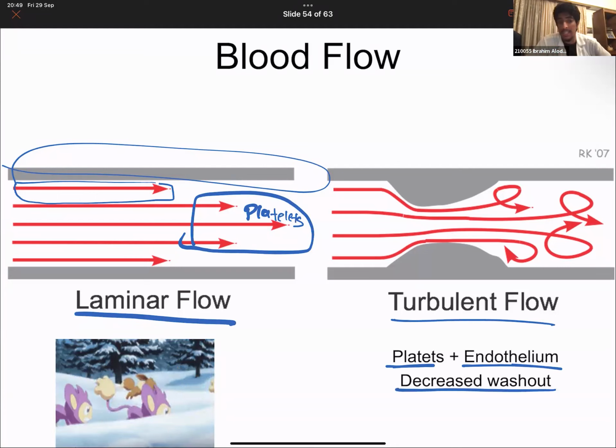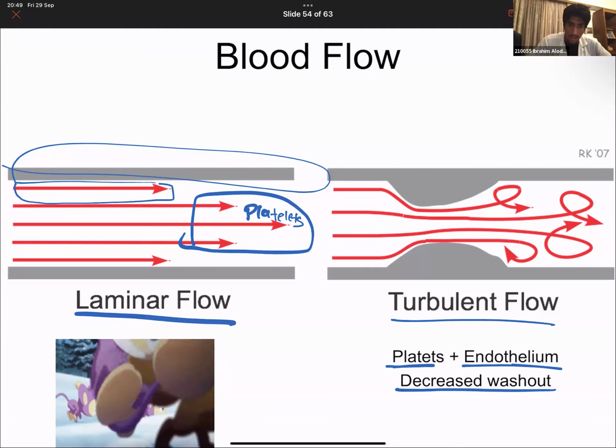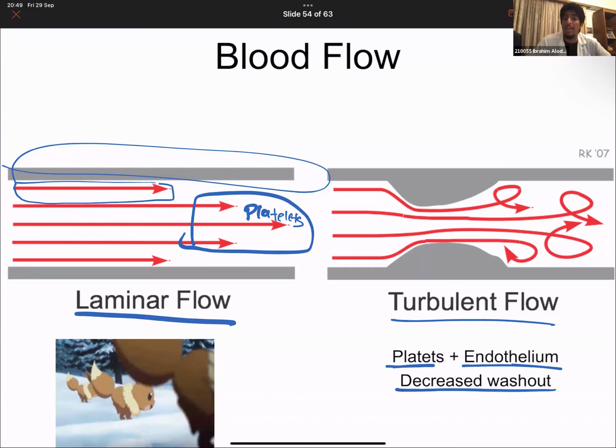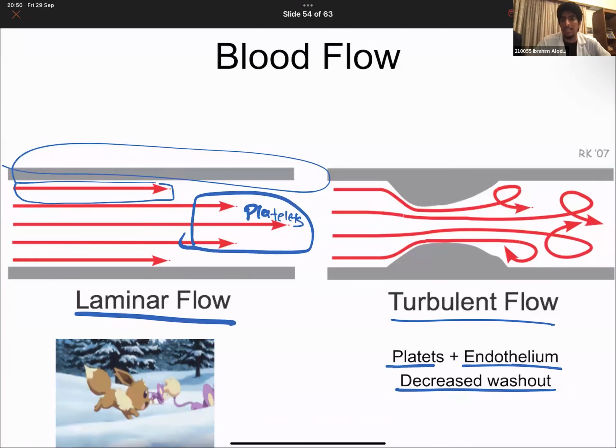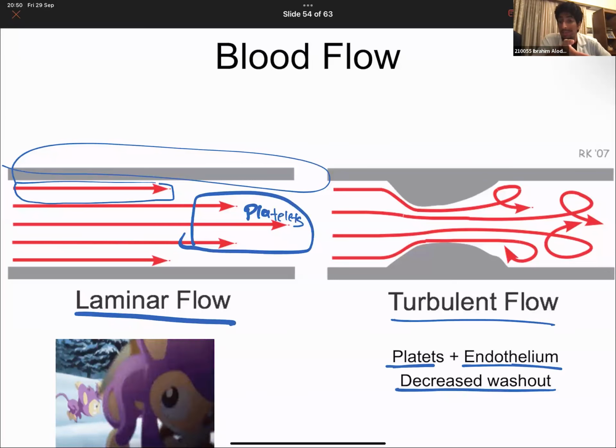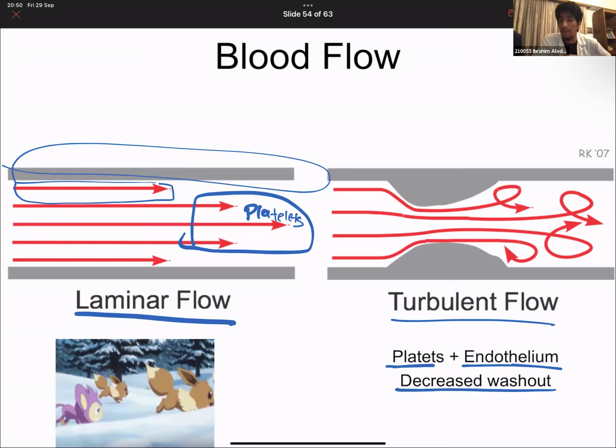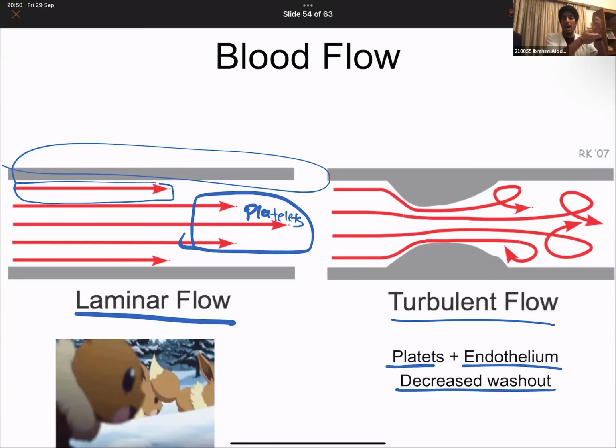And what I mean is that the blood flow is what's carrying all the clotting factors. It's what's carrying all the things that inhibit the clotting factors. It's carrying all the things that break down the clots. But if you have turbulent flow, you're not actually moving the blood around, so you're not ever going to get those things to where they need to be.